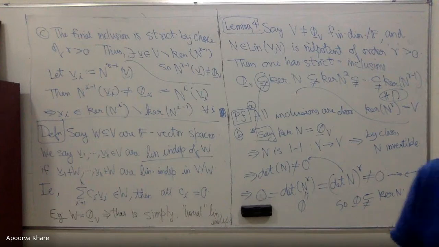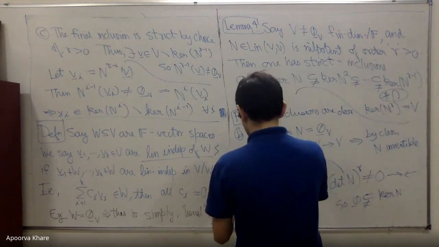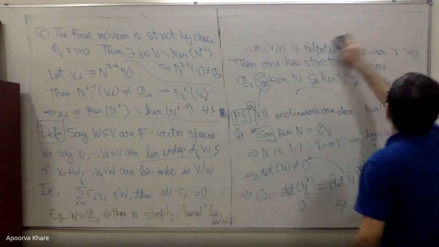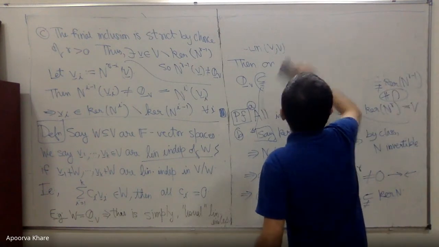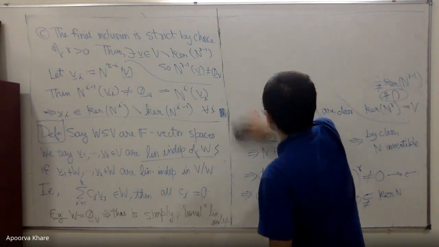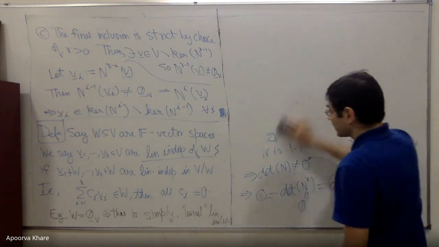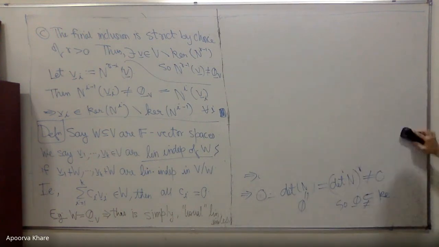Okay, so now we can write down the theorem. This is literally the Jordan Canonical Form theorem for nilpotent maps. I will illustrate this theorem with an example, with that same 7 cross 7 example.